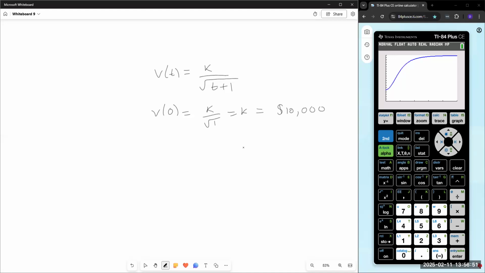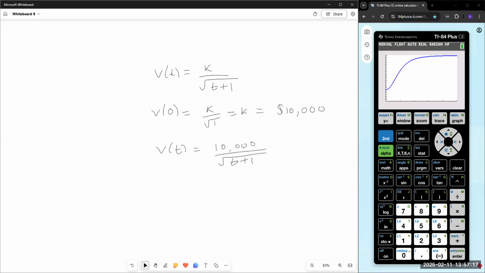So that's going to be K. So V of T is $10,000 over the square root of T plus 1. Write V as a function of T, and then find the rates of depreciation when T is 1 and T is 3. So we did the first part already.